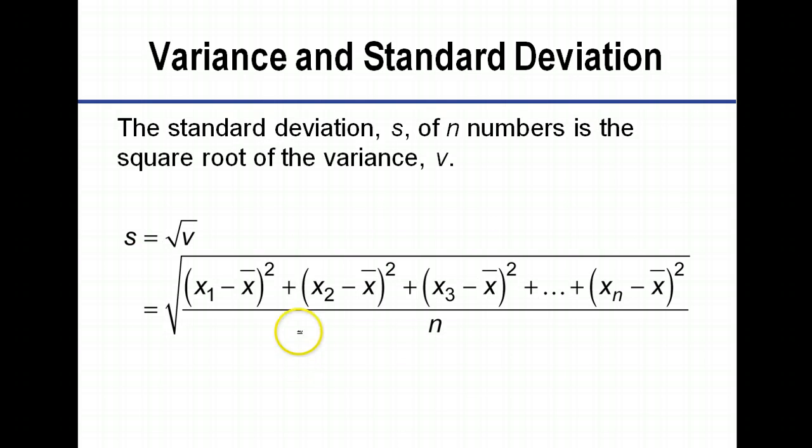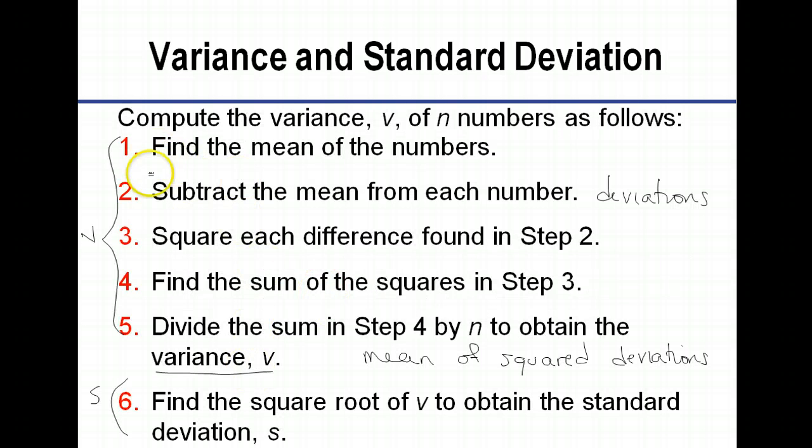All right. So in terms of a formula, this looks really scary, I'm sure. This is the formula for the standard deviation, right? S, remember, denotes the standard deviation. Remember the relationship between standard deviation and variance, right? On the previous page with our steps, remember, the first 5 steps were solely for constructing the variance. Once you have the variance, what do you do to get the standard deviation?